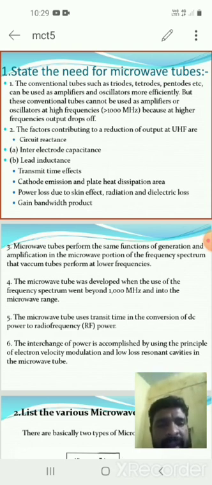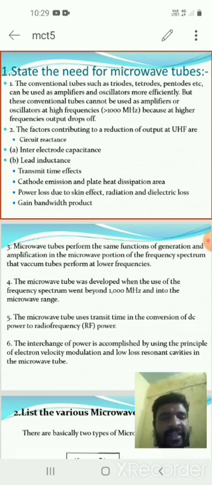That means at above 1 GHz frequency, or ultra high frequencies, the signals transmitted in waveguides or microwave tubes depend on a few factors: circuit reactance, that is lead inductance or inter-electrode capacitance, transit time effects, cathode emission and plate heat dissipation area, power loss due to skin effect, radiation and dielectric losses, and gain bandwidth product.